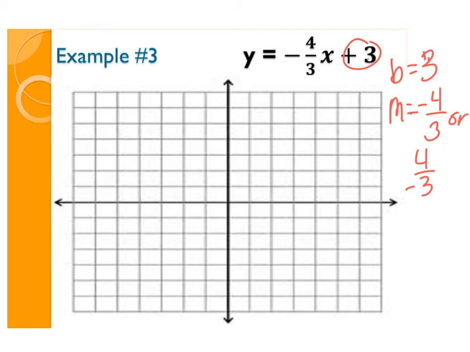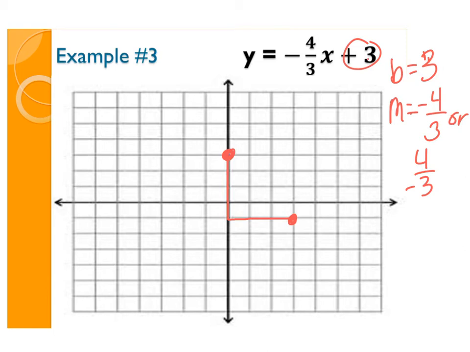Okay, so the first thing we'll do is plot my +3 for my y-intercept. 1, 2, 3. And I'm going to use my first one first. I'm going to run down 1, 2, 3, 4. And then 1, 2, 3. And mark my point.